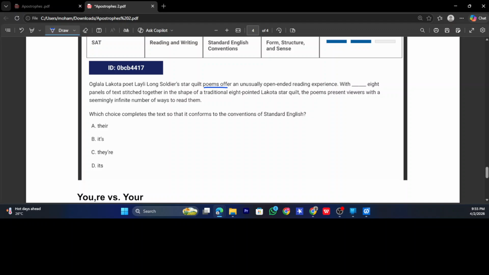Okay. First of all, the plural possessive determiner their agrees in number with the plural noun the poems. Okay. So A is the correct answer.